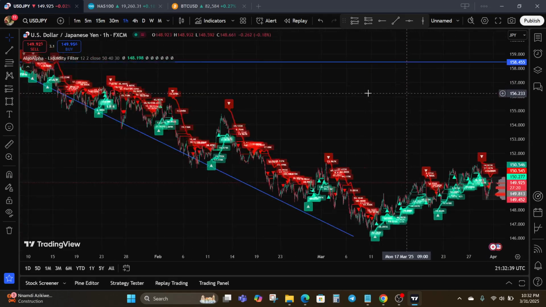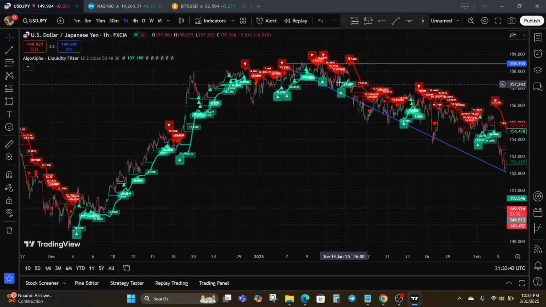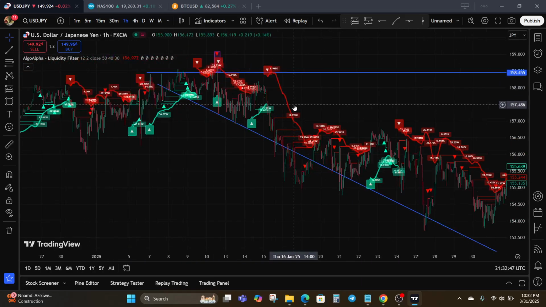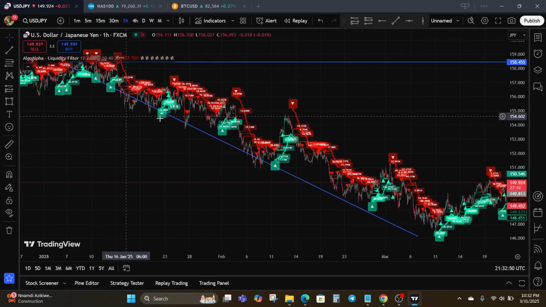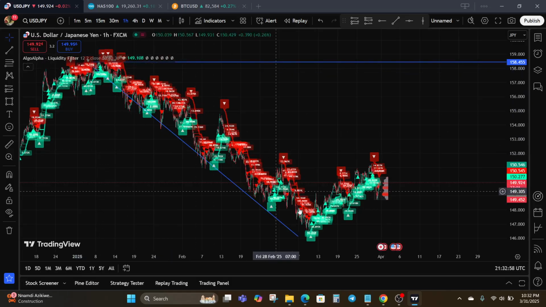Imagine if you had identified this. Can you imagine if you had entered a sell at this point and rode this sell move? This was a massive sell move all the way from here down to this point.